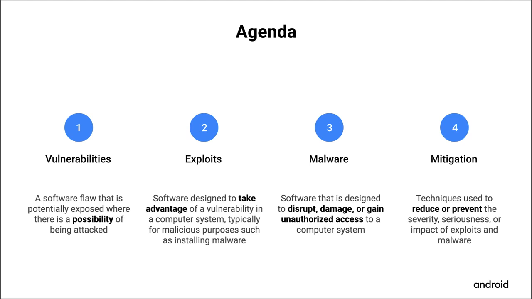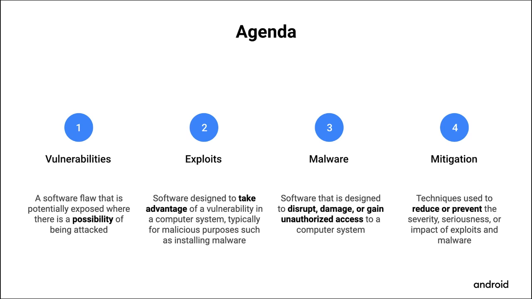And again, a mitigation is defined as a technique that's used to reduce or prevent the severity, seriousness, or even impact of an exploit delivered by malware, or malware itself.